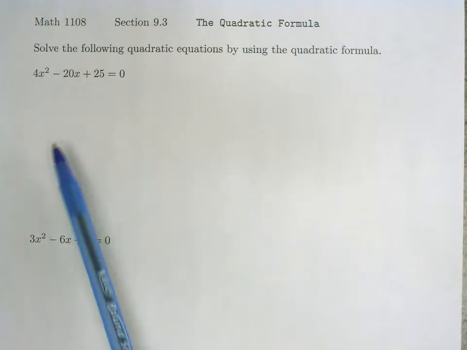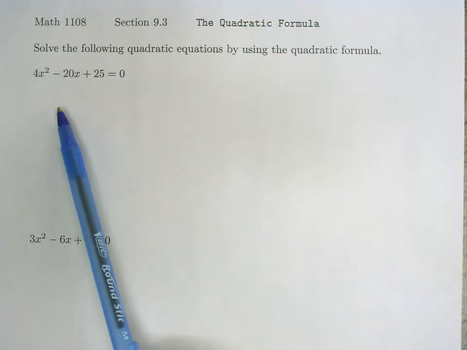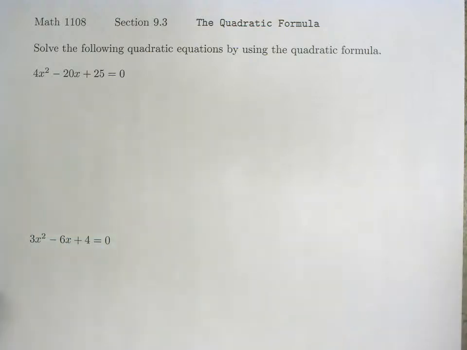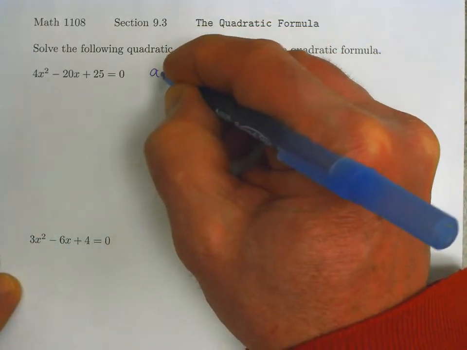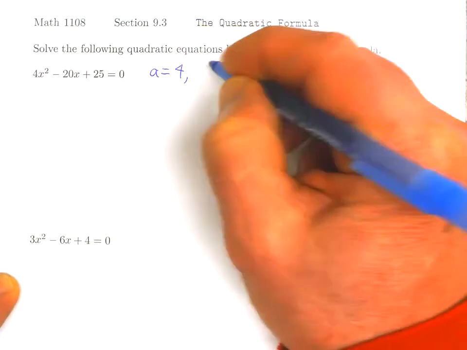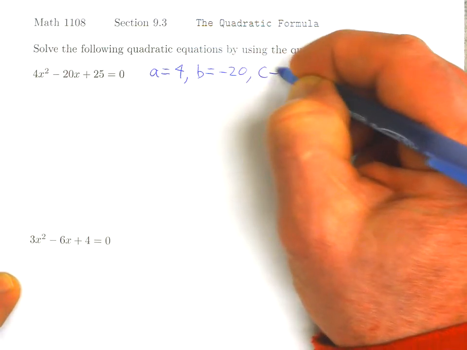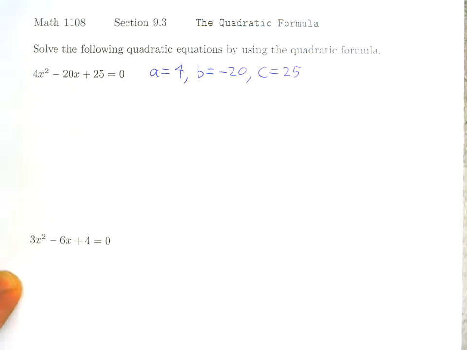Okay, let's solve this by using the quadratic formula. So on this one, A is 4, B is negative 20, C is positive 25.